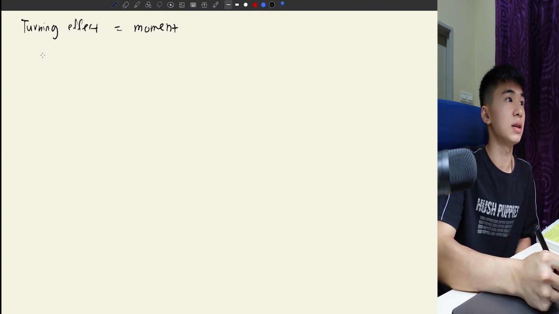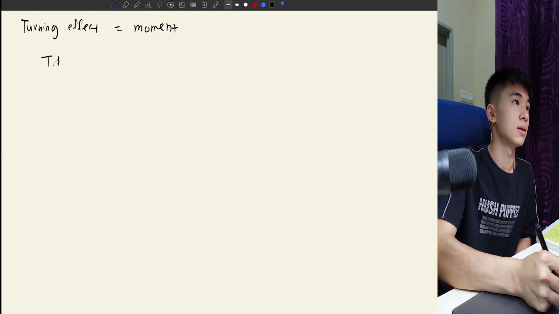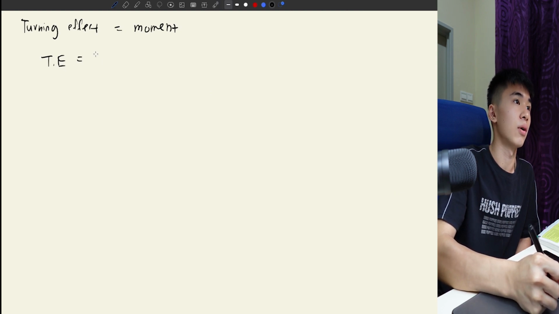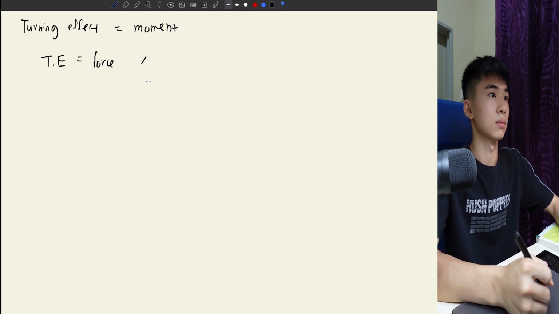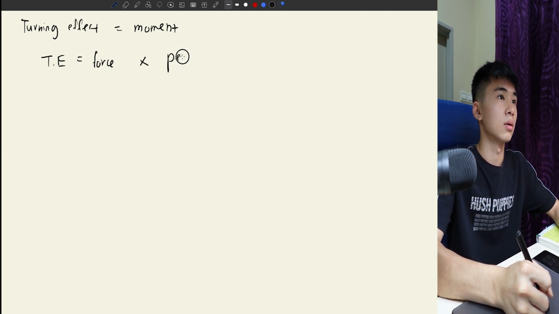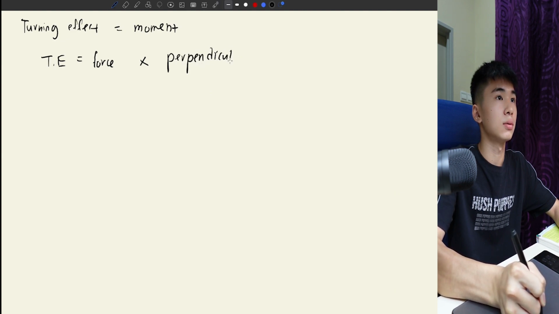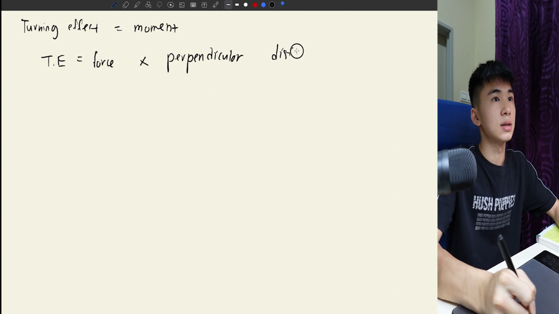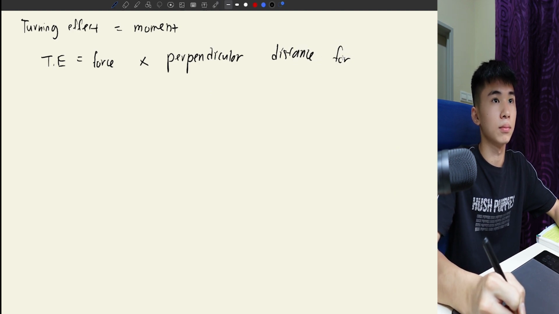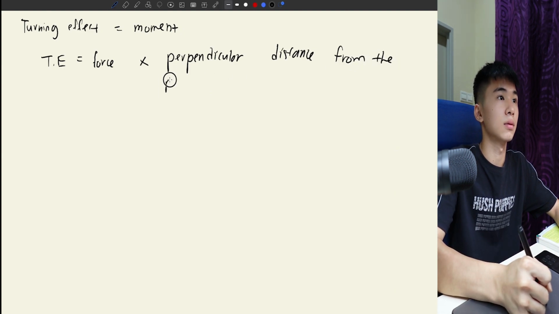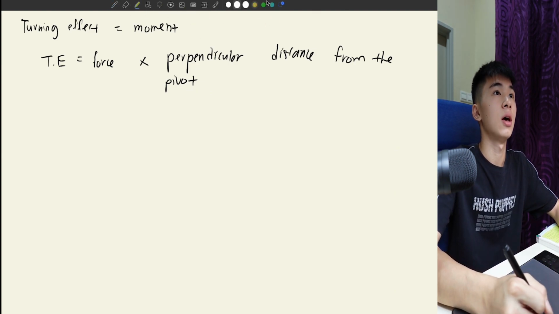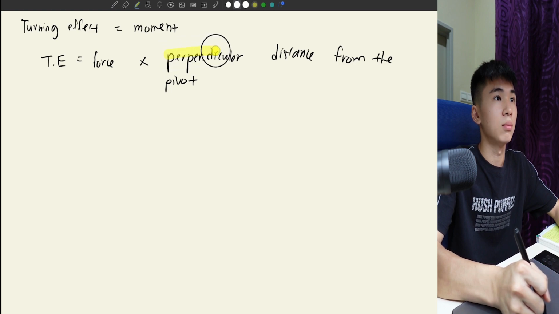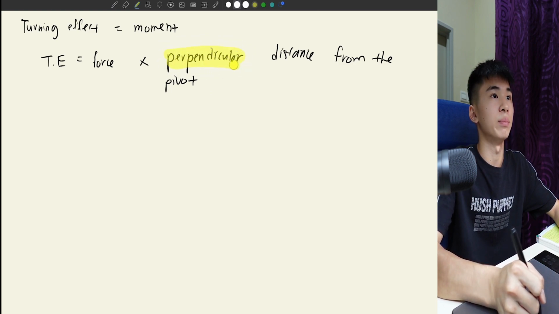So the formula of turning effect is TE equals force times perpendicular distance from the pivot.